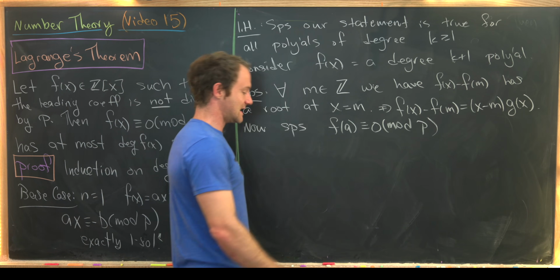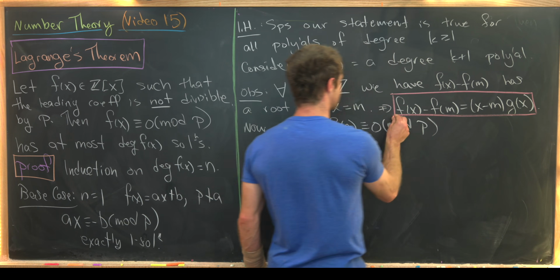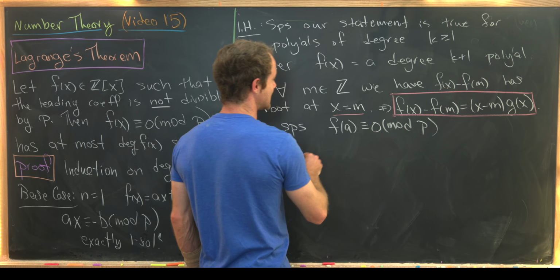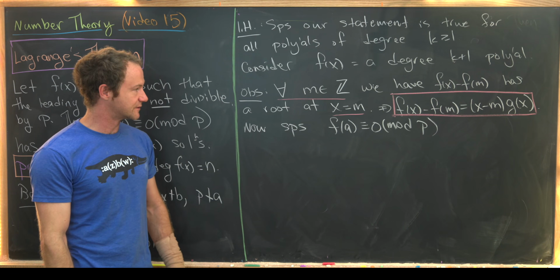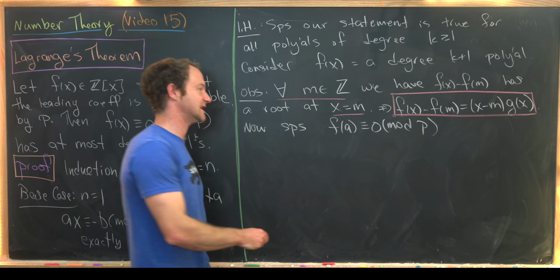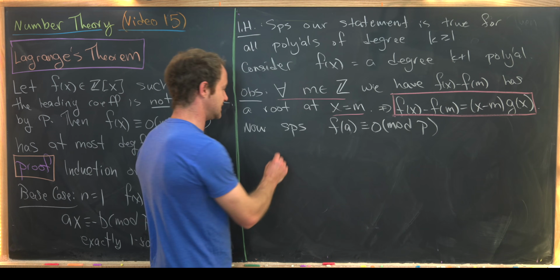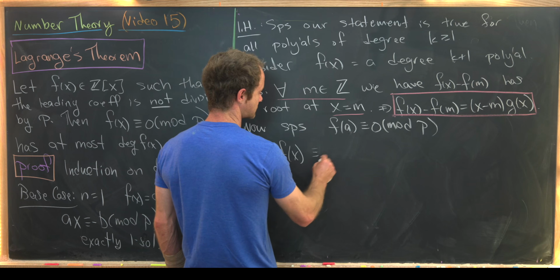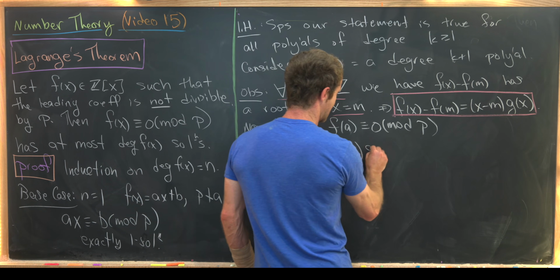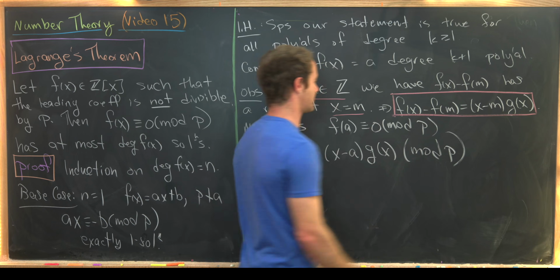Okay, but now this kind of factorization is possible for any integer m. So the fact that it's true for any integer m means it's true for our integer a. So that means we can write f(x) as x minus a times g(x) mod p.